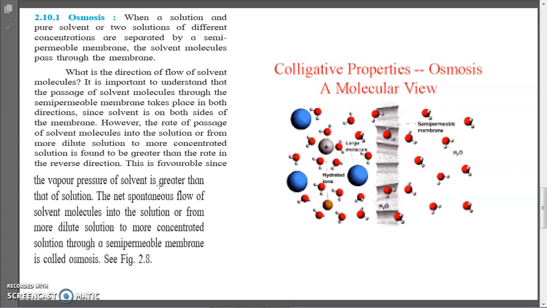The net spontaneous flow of solvent molecules into the solution, from the more dilute solution to the more concentrated solution, through the semi-permeable membrane is called osmosis. This phenomenon is osmosis.